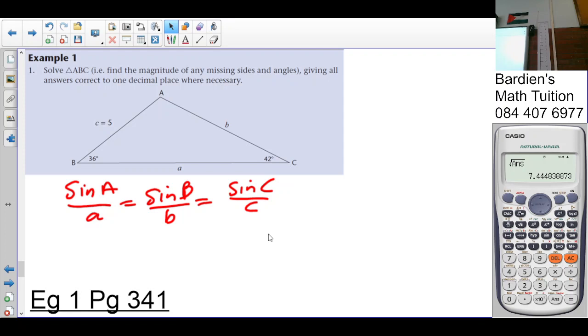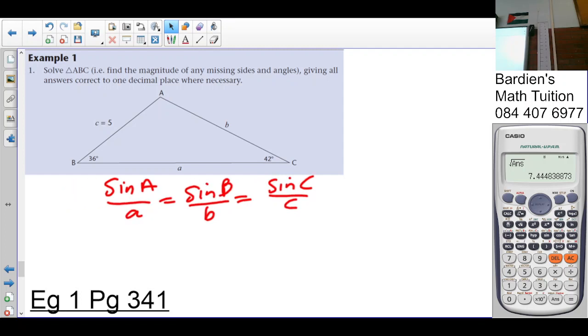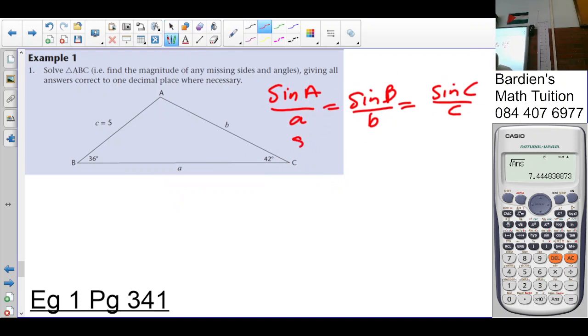So we get sine of A over a is equal to sine of 36 over b is equal to sine of 42 over 5.